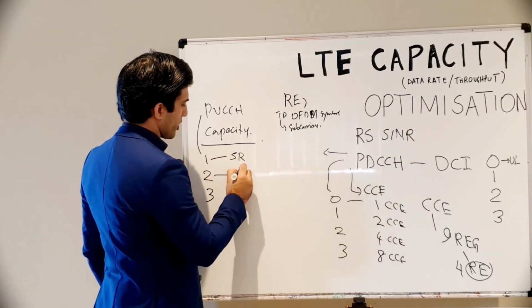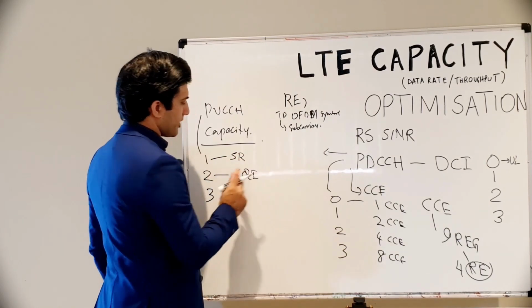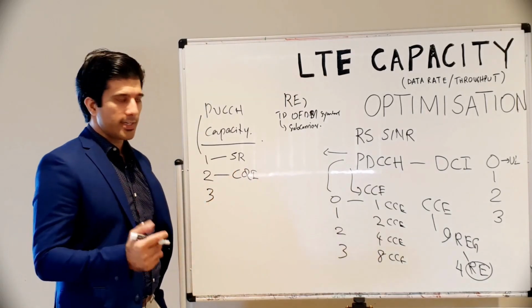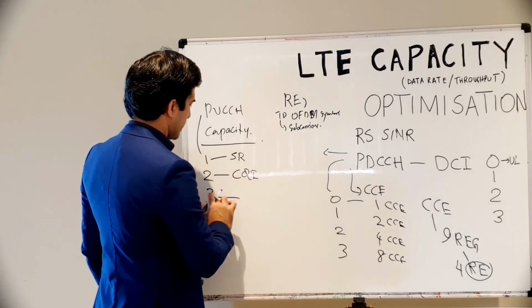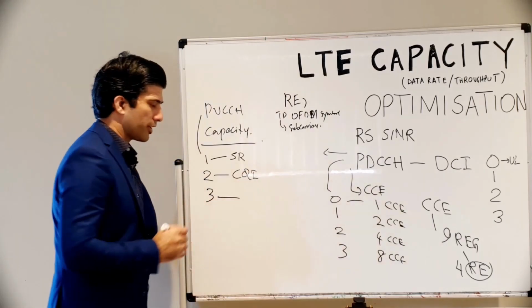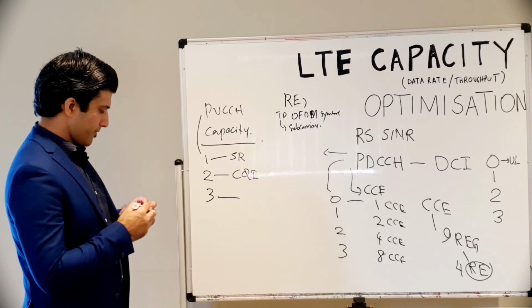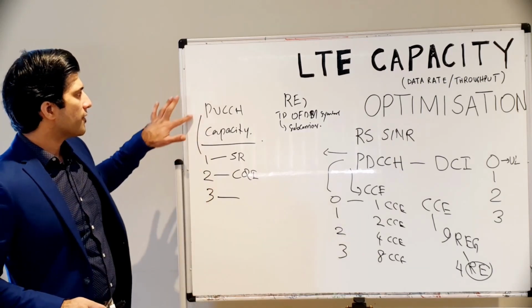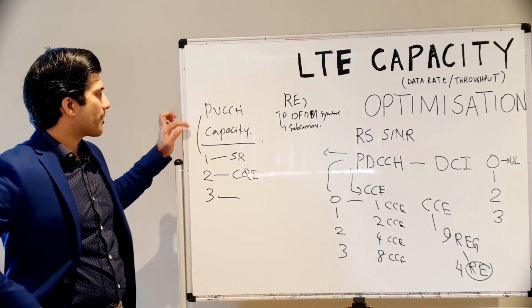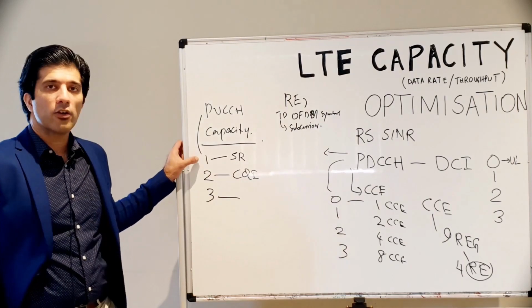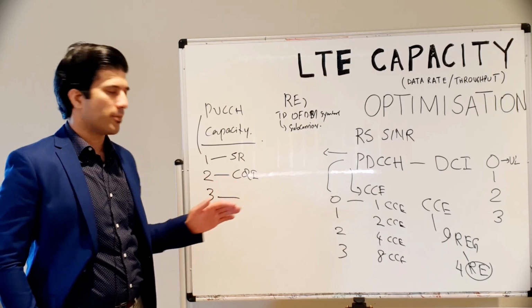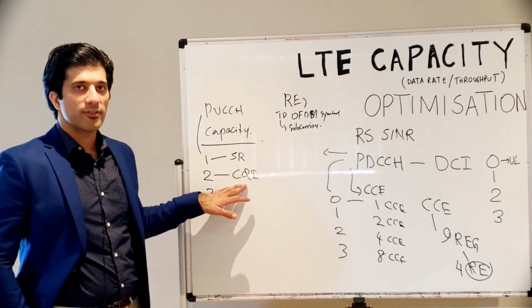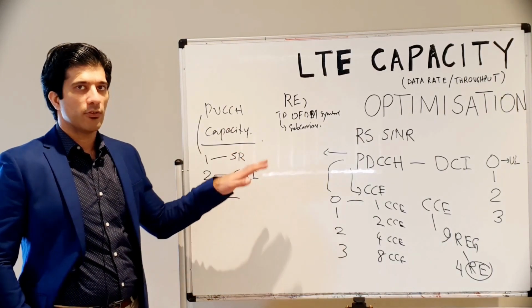In the second you have your CQI, that is your channel quality indicator, and in the third you have other different elements included. But if you have PUCCH capacity issues, you cannot have a scheduling request sent to the eNodeB, or you cannot have your CQI sent to the eNodeB.